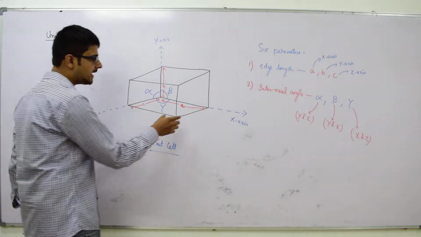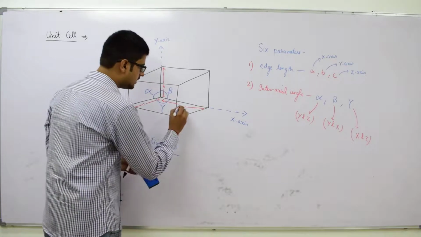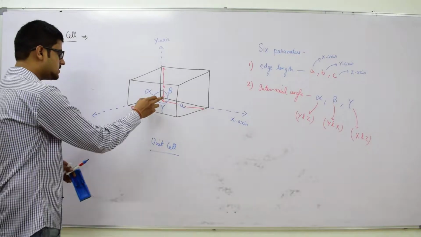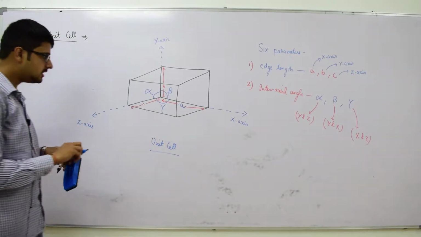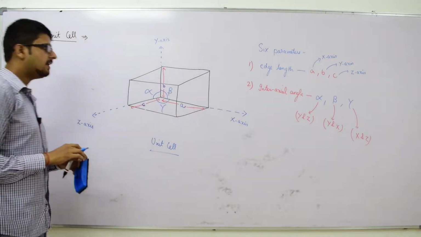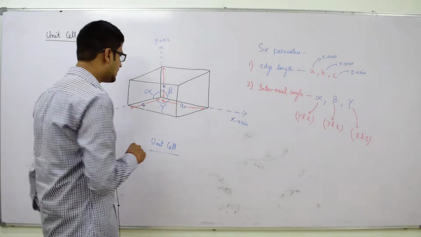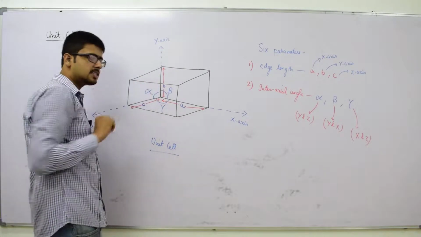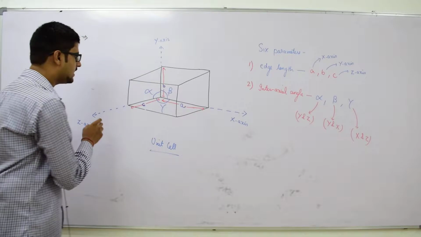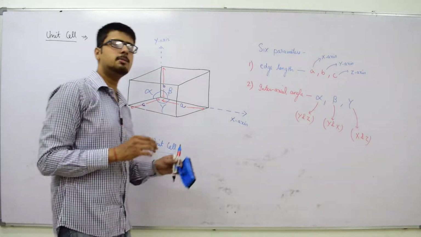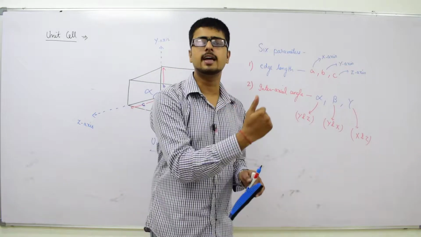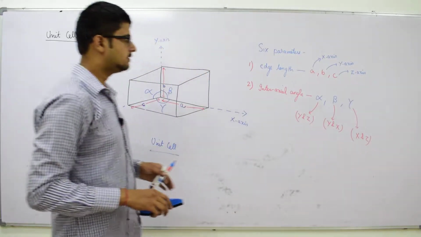The edge length along the x axis is a, along the y axis is b, and along the z axis is c. The angle between the z and y axes is alpha, between the x and y axes is beta, and between the x and z axes is gamma. On the basis of these 6 parameters, we will derive the further classification of unit cells. So, let us move forward.